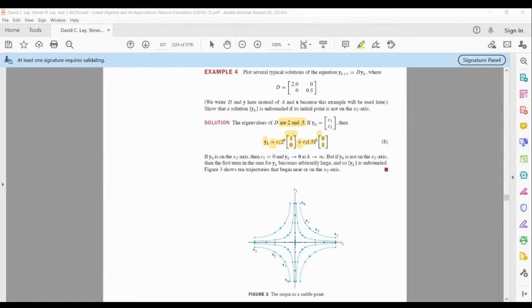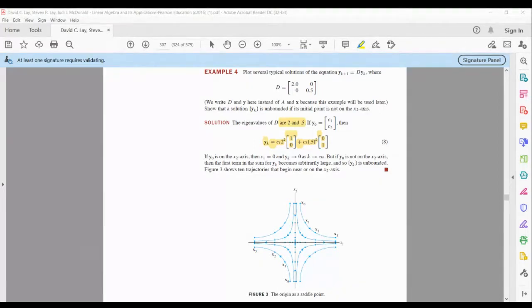Okay, so as k gets large, the first term with the 2 to the kth power grows. But the second term with the 0.5 to the kth power dies out.